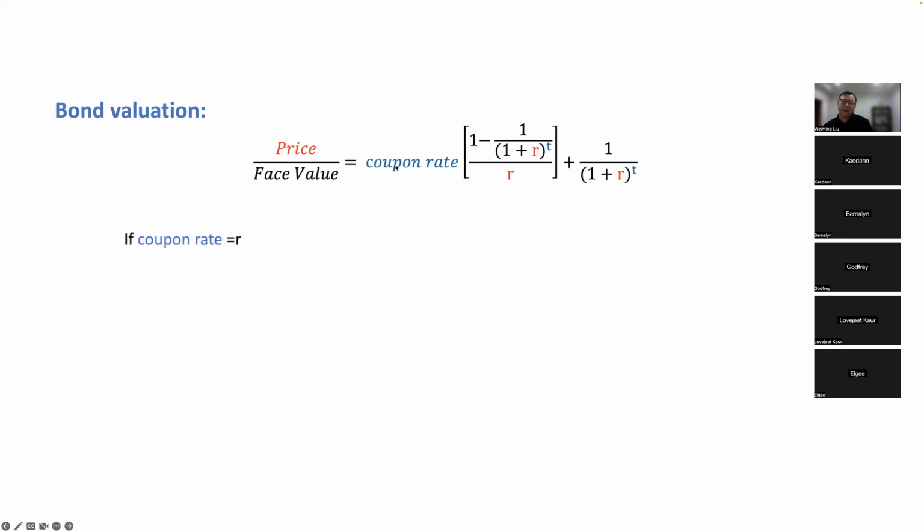So suppose the coupon rate equals the market interest rate. What is the price? Does anyone know? If the coupon rate equals R, what is the price of the bond?